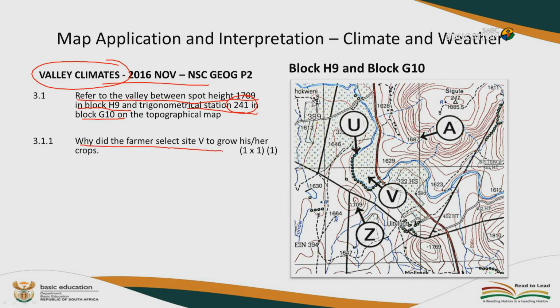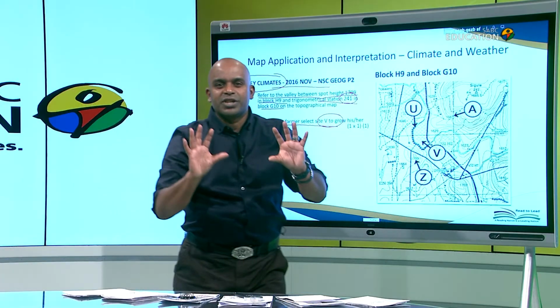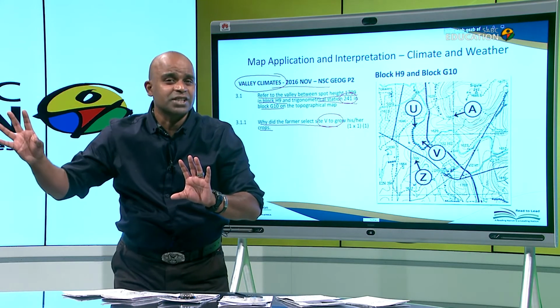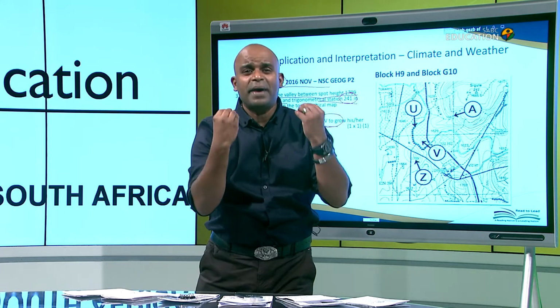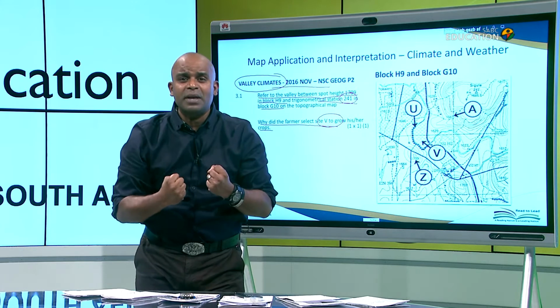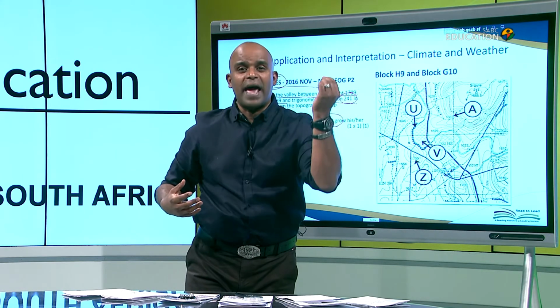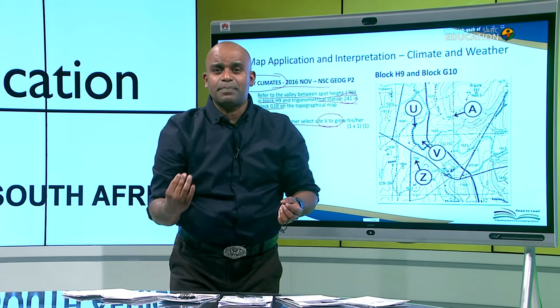Why did the farmer select V to grow his crops? Notice, matrix, how the examination language changes, but the concept remains the same. We are still examining valley climates. We are still testing your knowledge on both anabatic as well as katabatic winds.